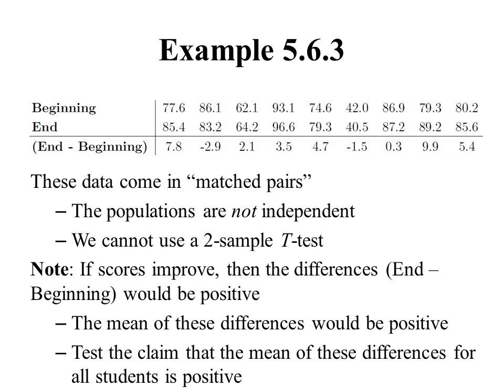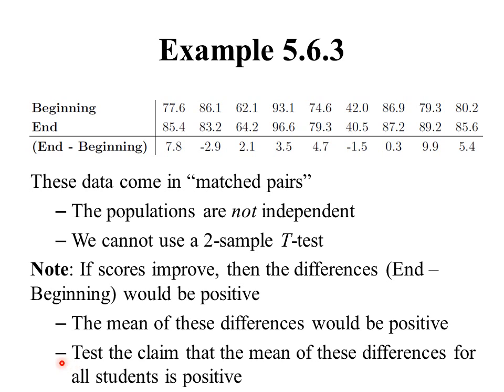And so what we're going to do here is restate our claim in terms of the mean of these differences. We're going to test the claim that the mean of these differences for all students is positive. That's going to be an equivalent way of stating our claim. The original claim was that scores tend to improve. In more formal terms, we're going to test the claim that the mean of these differences for all students is positive.